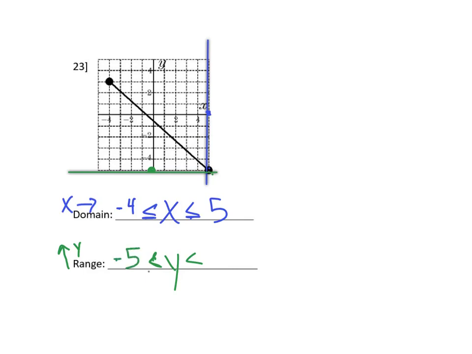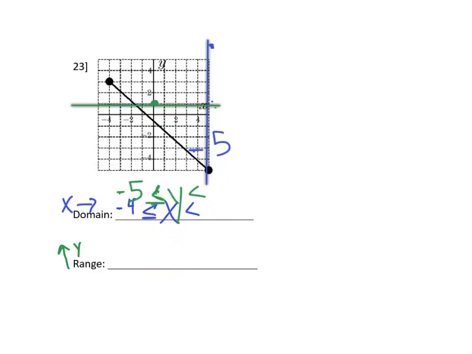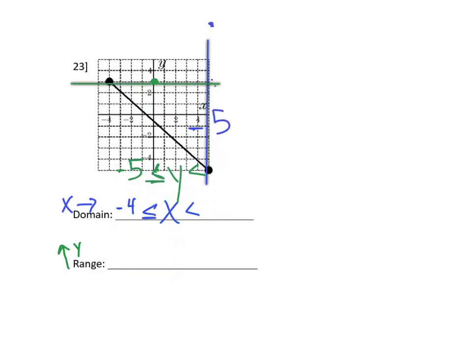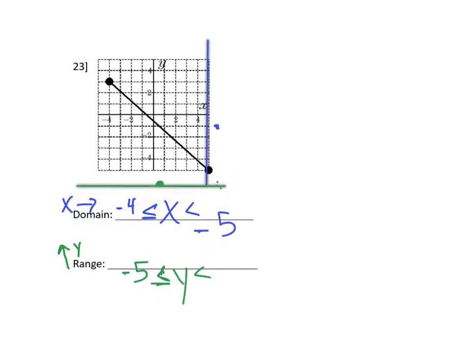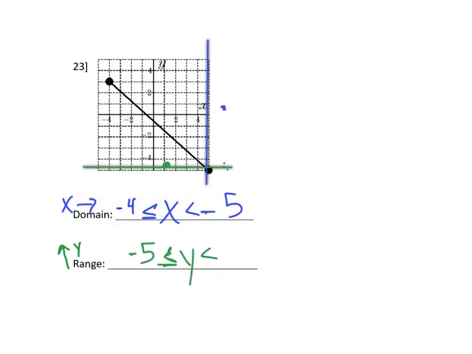Once again, the circle is closed, so I'm going to underline. And then I'm going to look to see where the graph comes to an end. And I can see it is at 3. And I close the circle because that's where it ended.